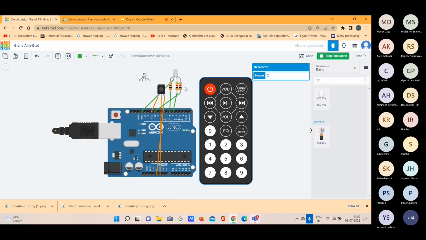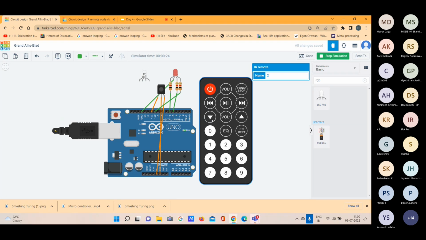I want the RGB LED to go off when this button is pressed. I want the RGB LED to glow red, sorry, blue for this, green for this, and red for this.